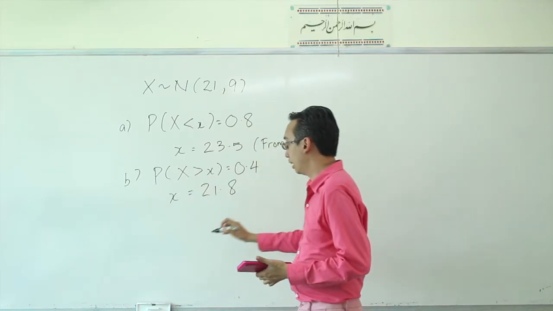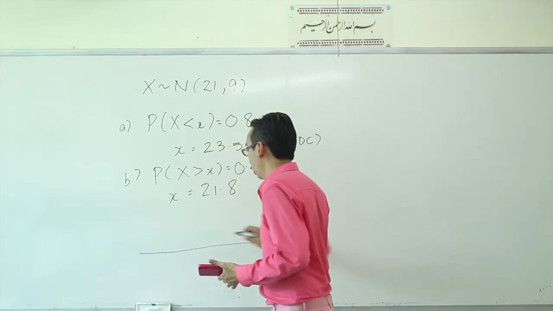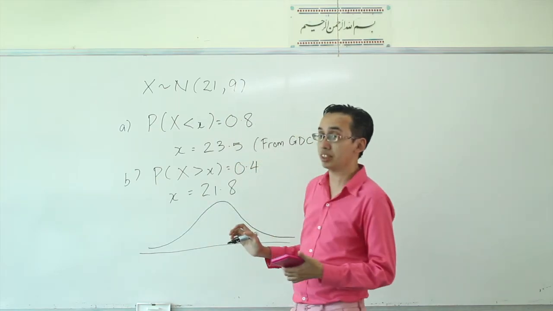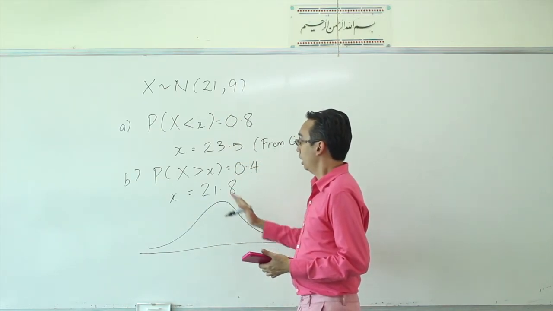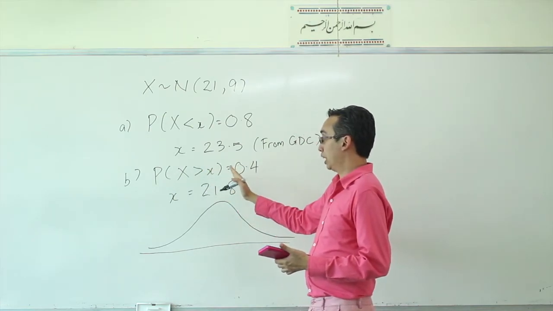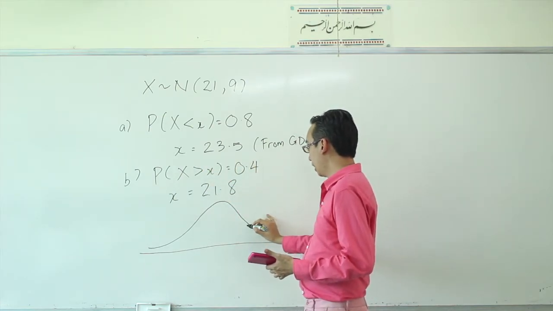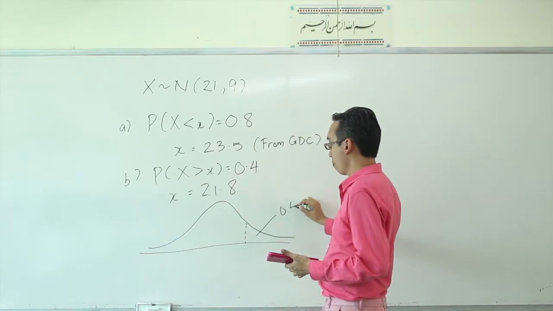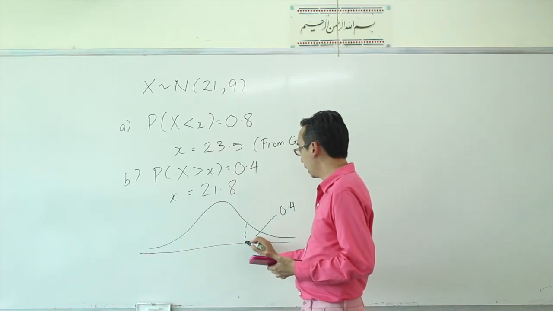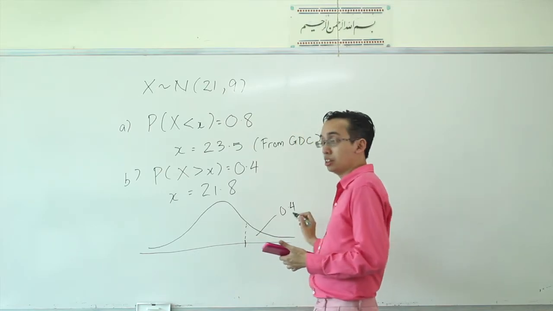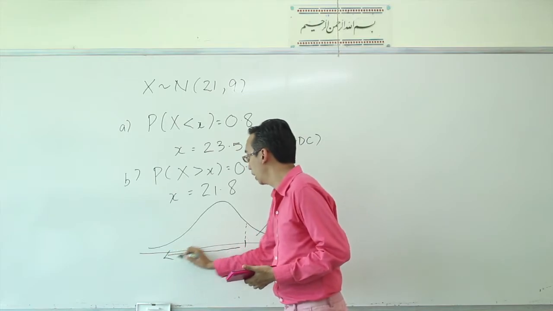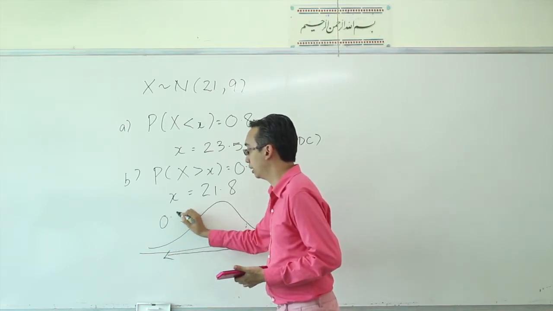Let me draw that graphically. In the probability density function, if probability x more than x is 0.4, that means, let's say here, this area is 0.4. So from this particular point onwards is 0.4, and from this particular point backwards is 0.6.